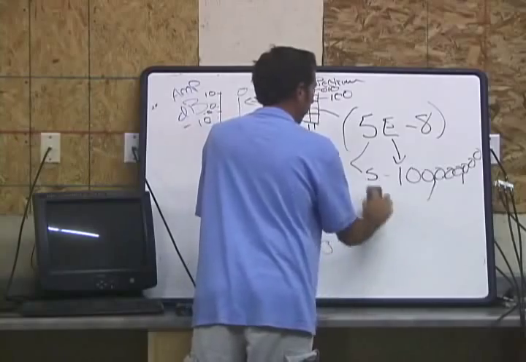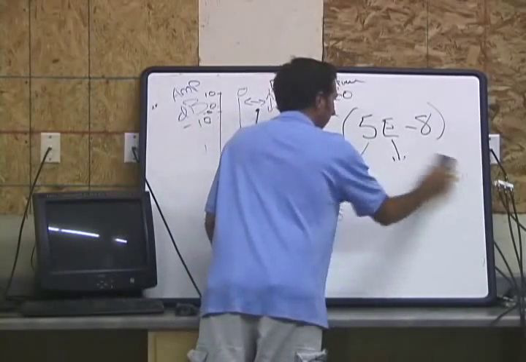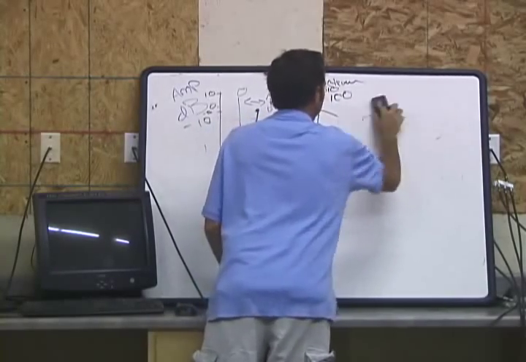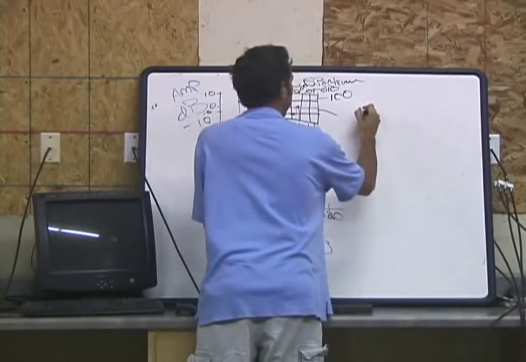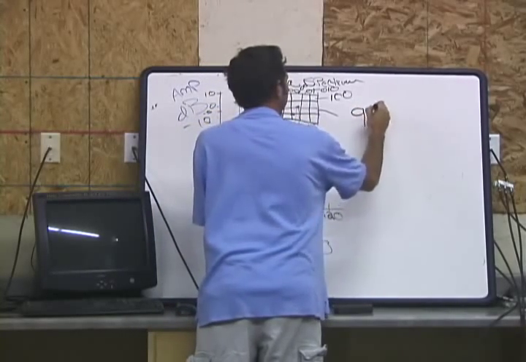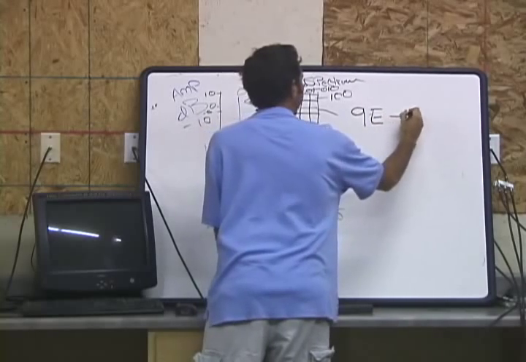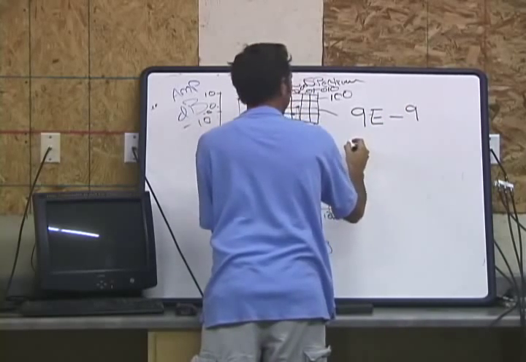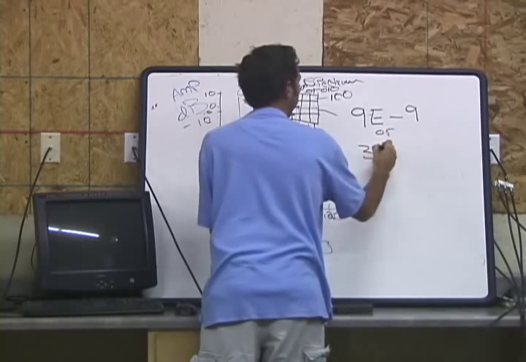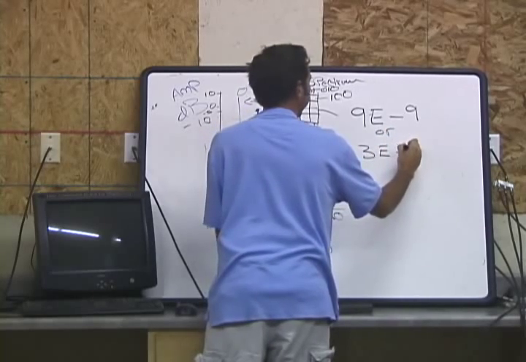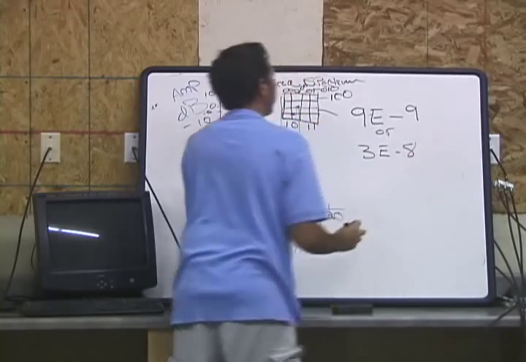All right, let's talk about a couple examples. And you guys tell me the answer to this. So I'm going to say 9E to the negative 9 or 3E to the negative 8.